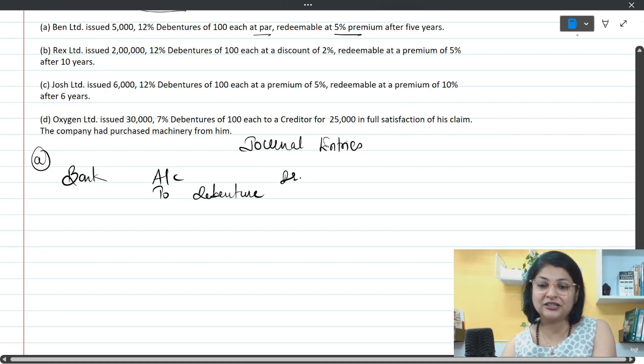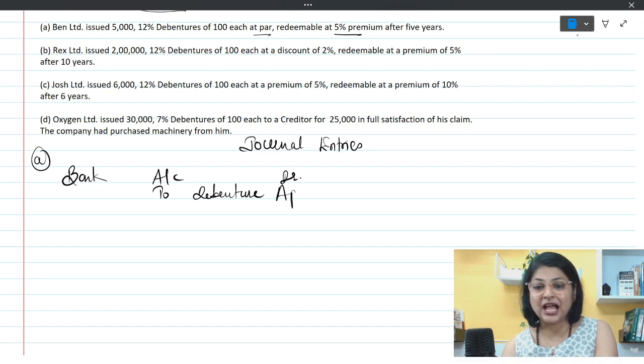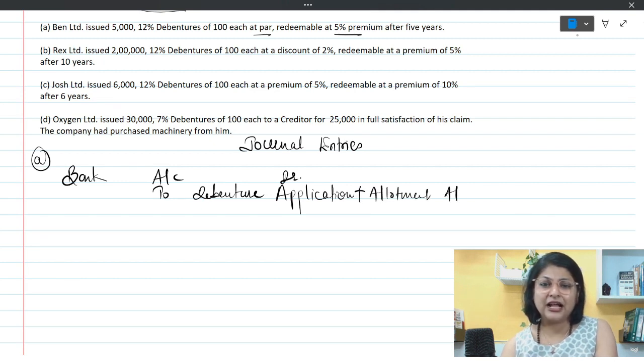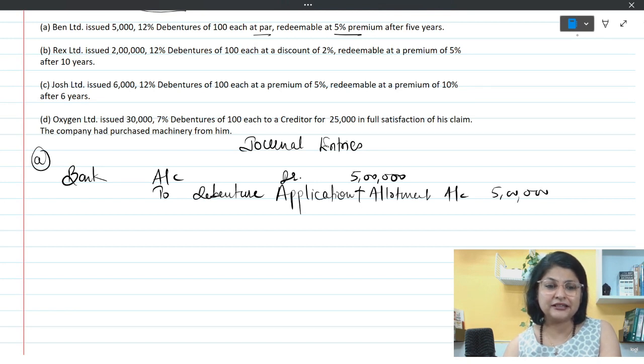So our entry number 1 is bank account debit to debenture application and allotment account. 5,000 debentures multiplied by 100 becomes 5 lakh. If you want, you can write it in brackets to show how this figure has come. 5,000 multiplied by 100, so this is 5 lakh rupees.